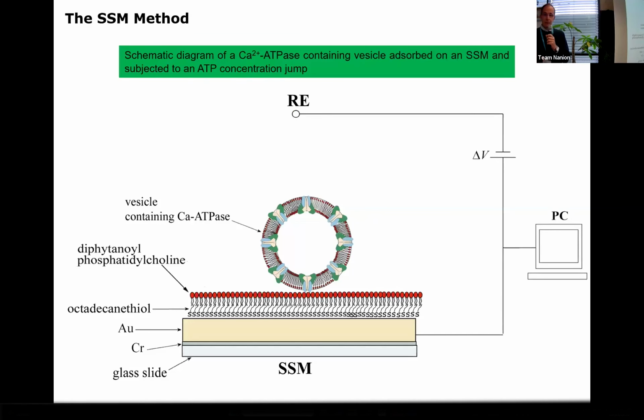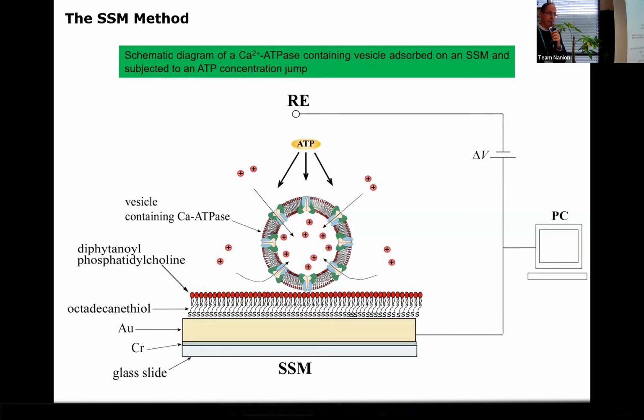So, very briefly, this slide shows vesicles containing calcium ATPase adsorbed to the SSM surface. In the presence of calcium ions, we perform an ATP concentration jump. The proteins are activated and pump calcium ions into the vesicle.